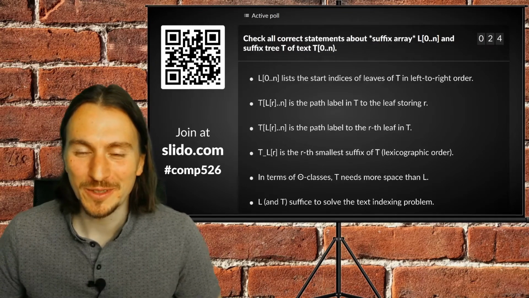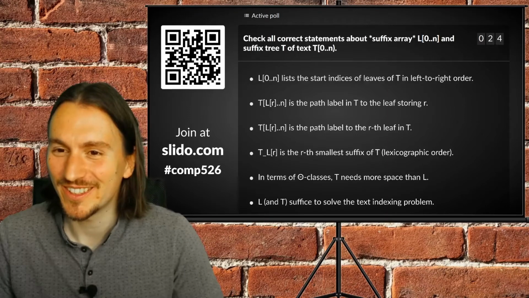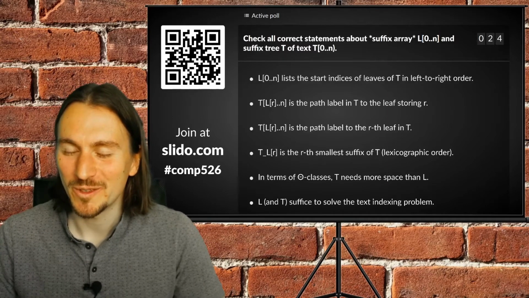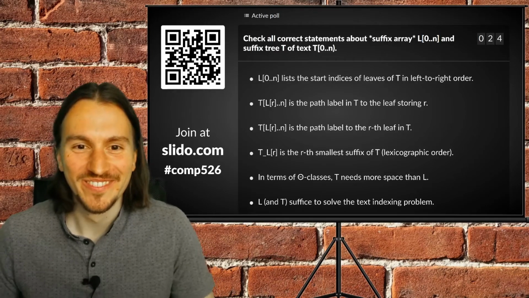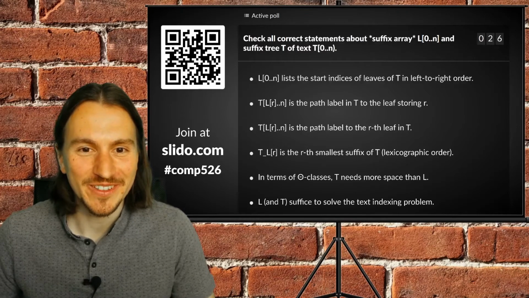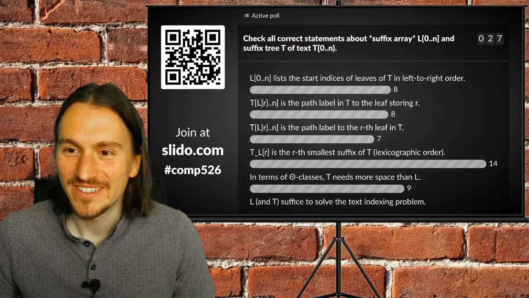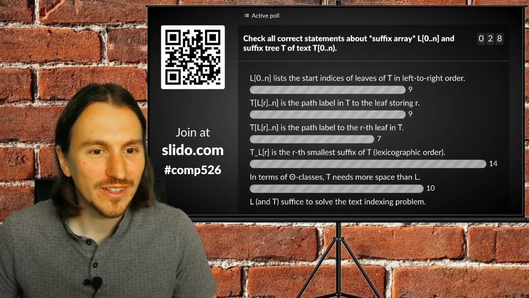Okay, 24. One more to go, and then I can tell you which ones are the correct answers. There we go. So here are your votes, and as always, let me lock it now.